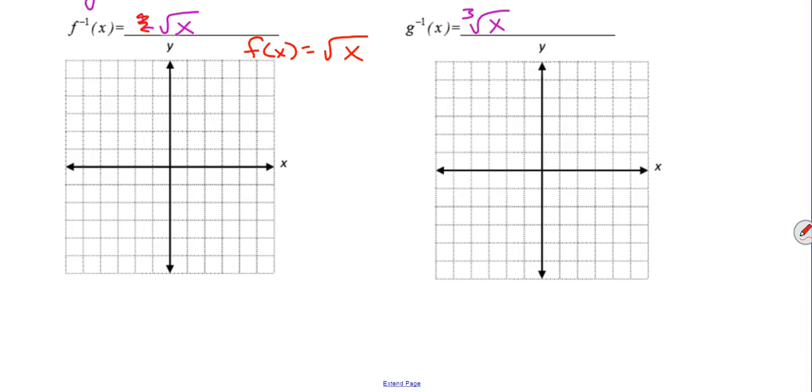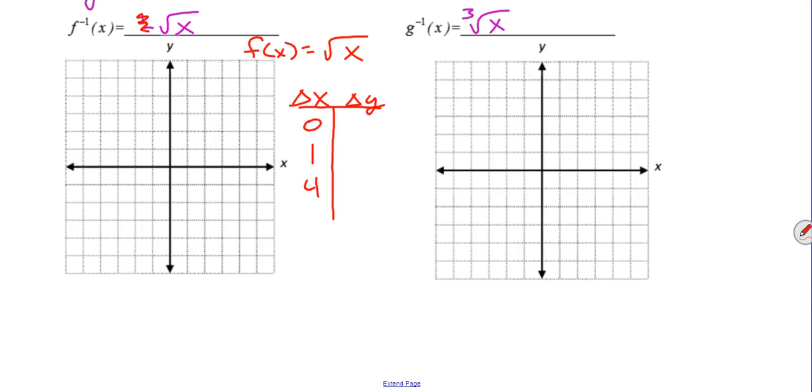But we also can use the idea of flipping the inverse, right? So I'm going to talk about the change in x and the change in y. I'm picking x values that I know I'll be able to take the square root of. So 0, 1, 4.